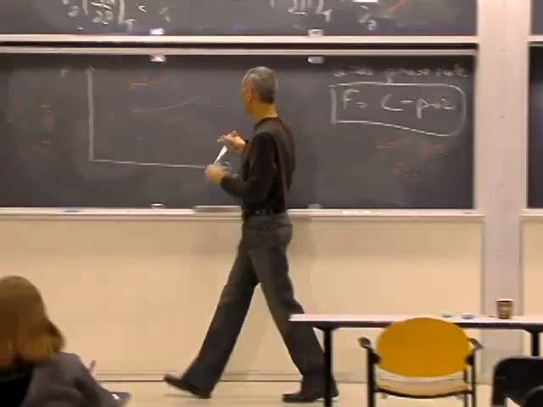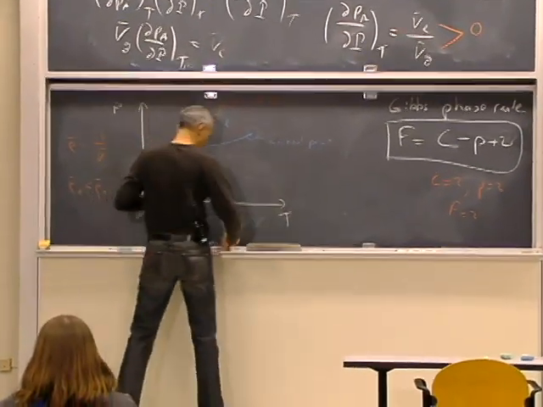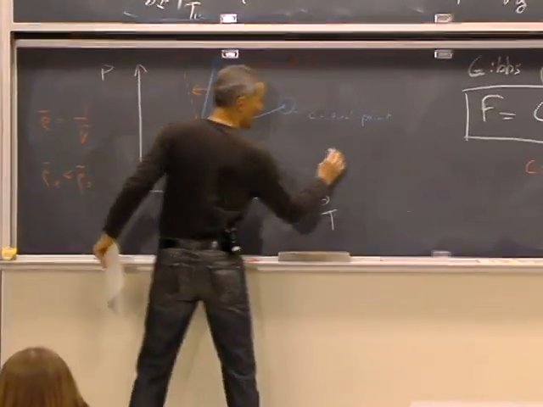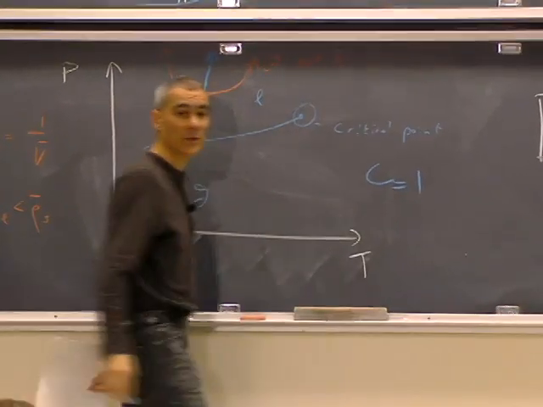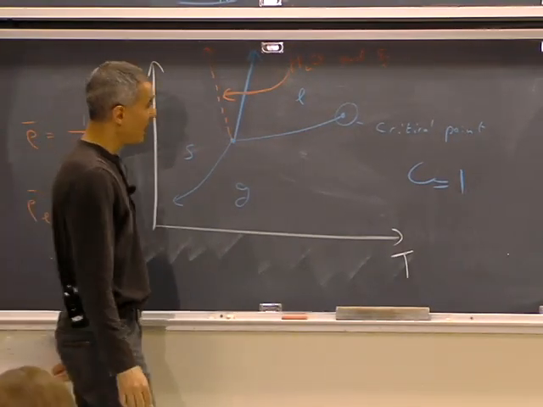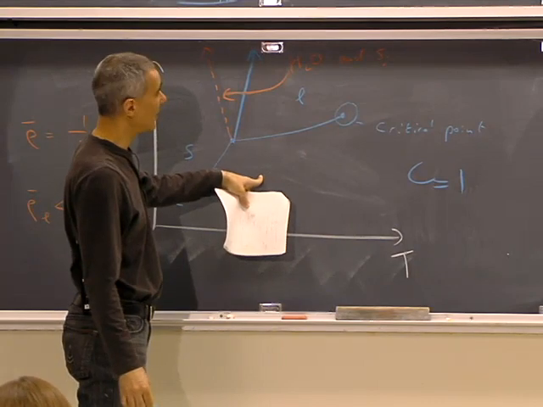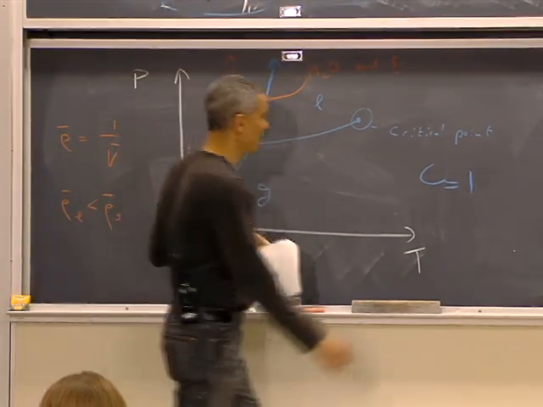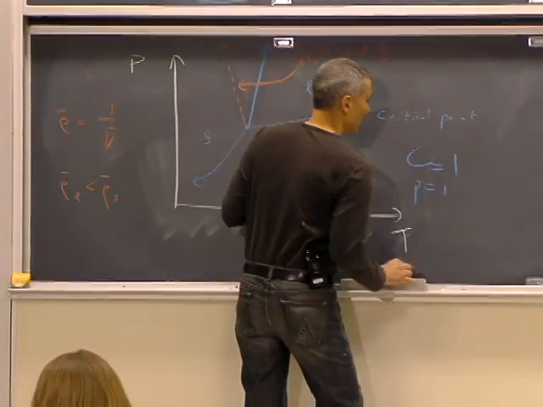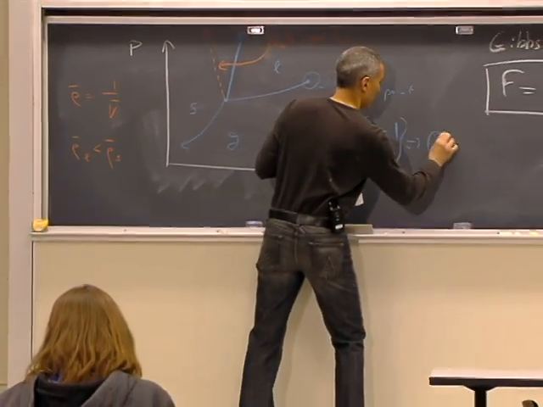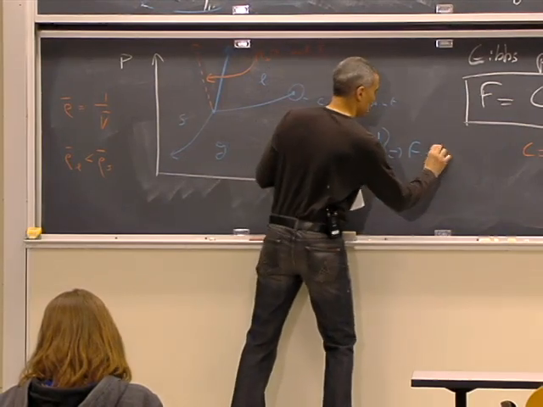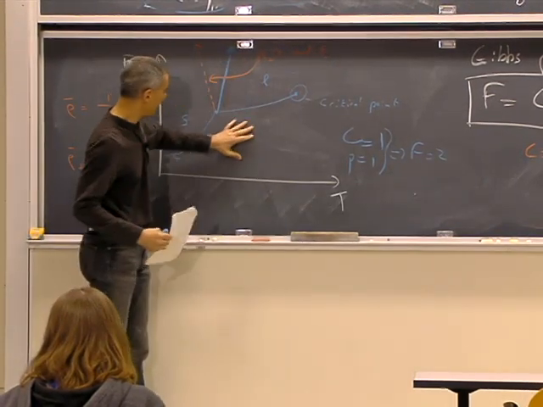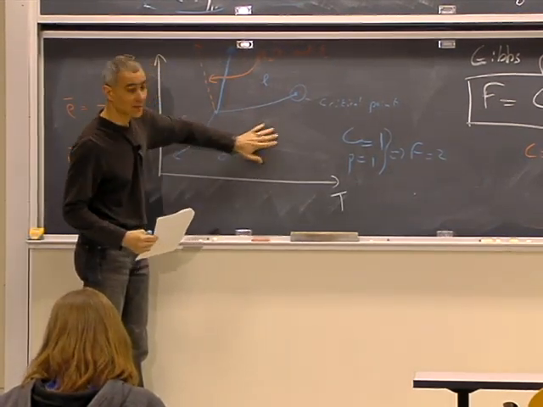If I'm looking at this diagram here, I have C equals 1, 1 component. Right? If I'm sitting where there's only one phase, say the liquid phase or the gas phase, then P equals 1. Then F is 1 minus 1 plus 2, which is equal to 2. 2 degrees of freedom. And so in the pure phase, I'm in a plane.